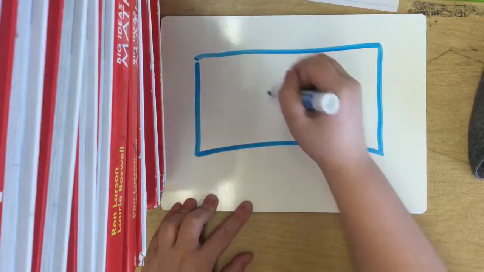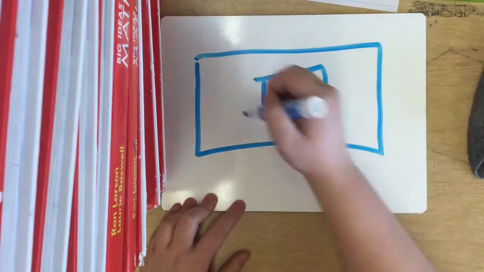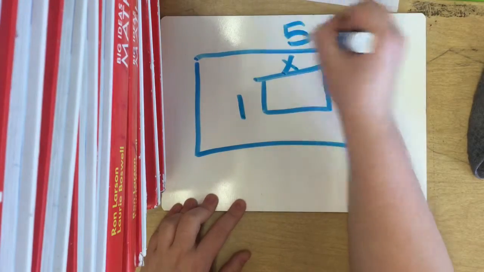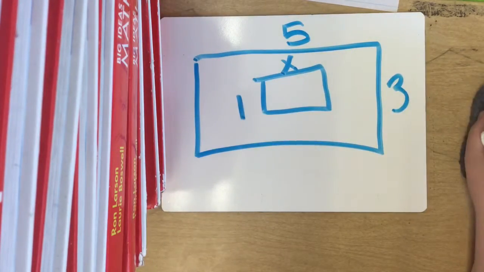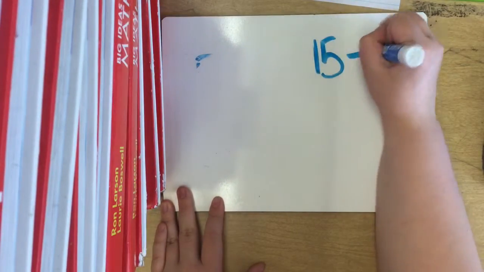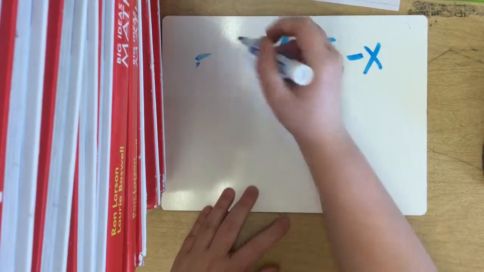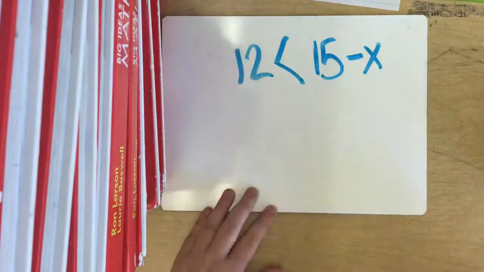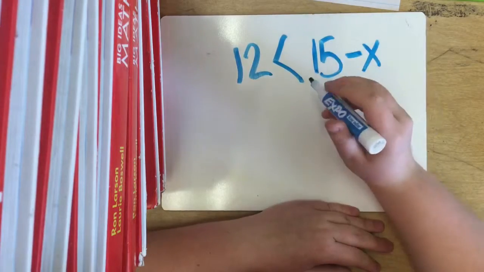So let's take this scenario for example. This is my backyard. The one side of the pool is 1 and we don't know the other. The size of my yard is 5 and 3. Now, to solve this, we must do 12 is less than 15 minus x.